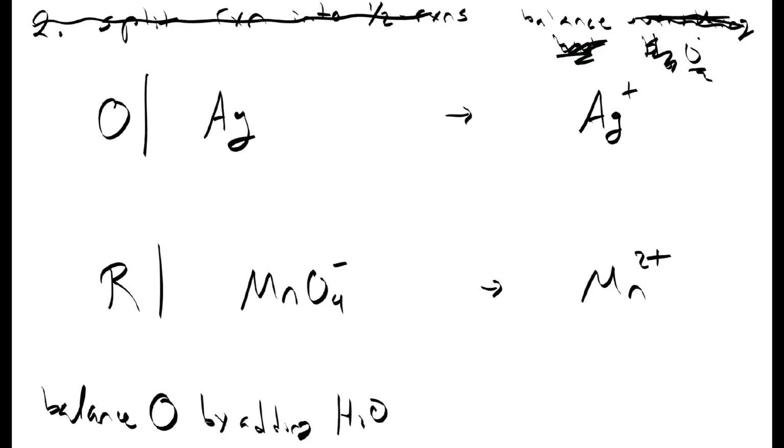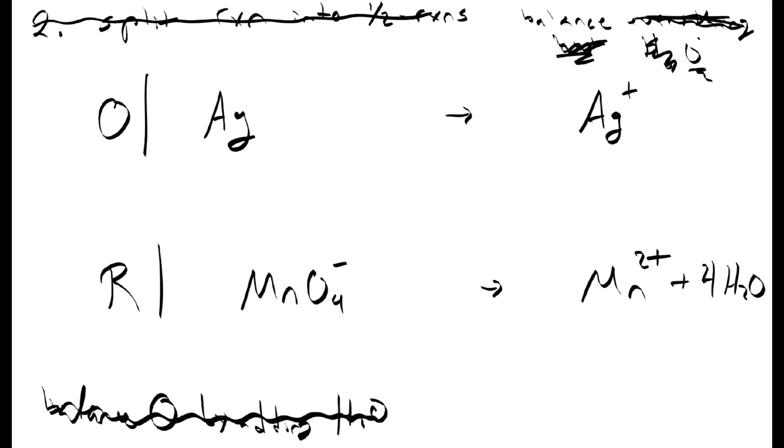So up here in our oxidation half reaction, we have silver all by itself, no oxygens, so nothing to balance. Down in the bottom, we have permanganate going to manganese 2+. We have 4 oxygen on the left, so we're going to need 4 water on the right. Okay. So now we've balanced the oxygens.